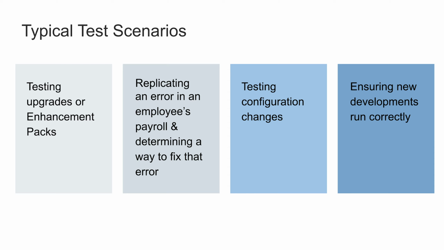Starting with item number 1, which is the testing all customers must perform when upgrading by applying SAP patches and enhancement packs. Item number 2 references that common scenario when an individual employee's payroll results are obviously incorrect, but efforts to diagnose and fix aren't immediately successful.